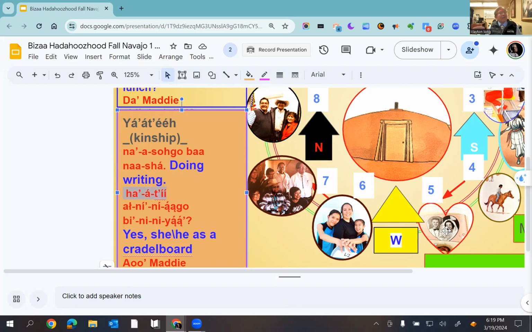What do you think Maddie's eating at lunch? Okay, so we say Navajo taco. So we would say, that's a real good question. We invented it, but we didn't really have a name for it in Navajo.